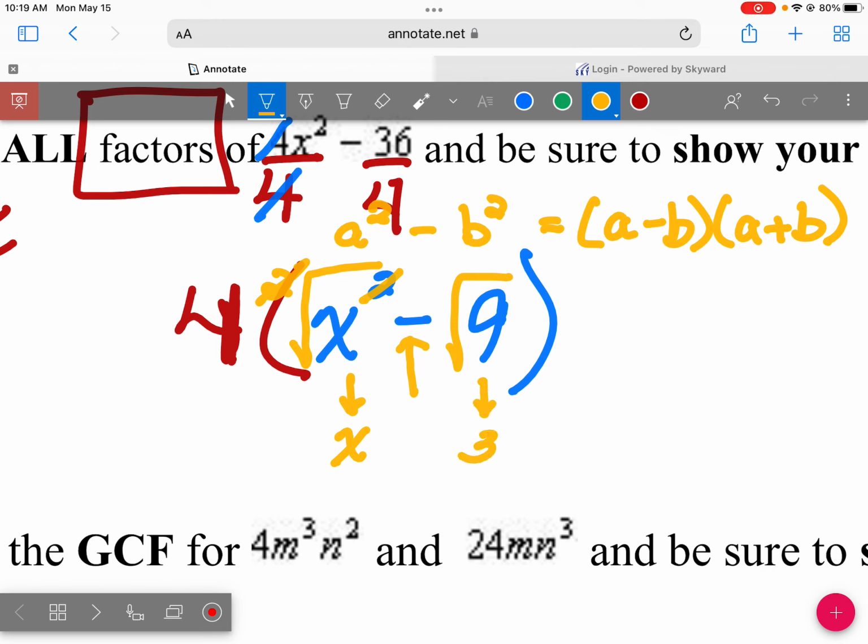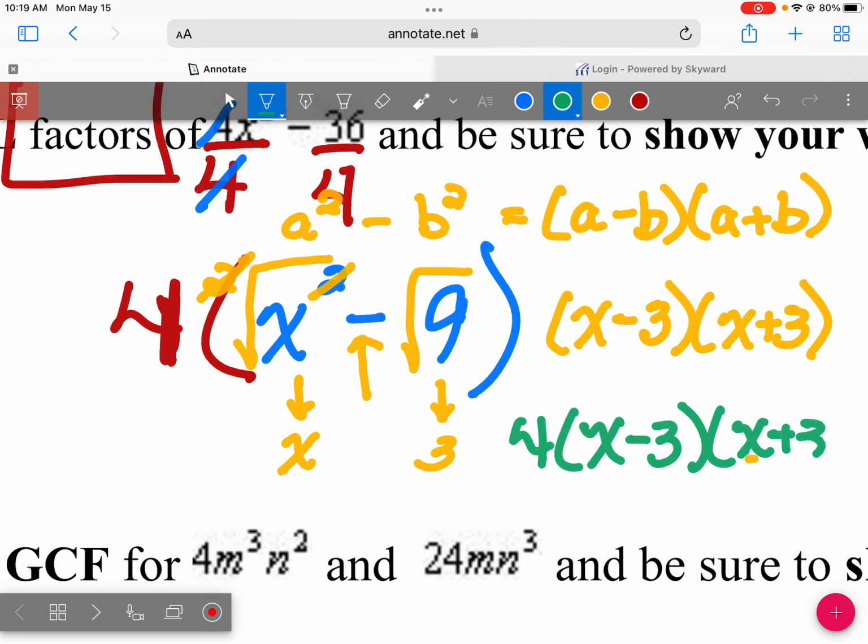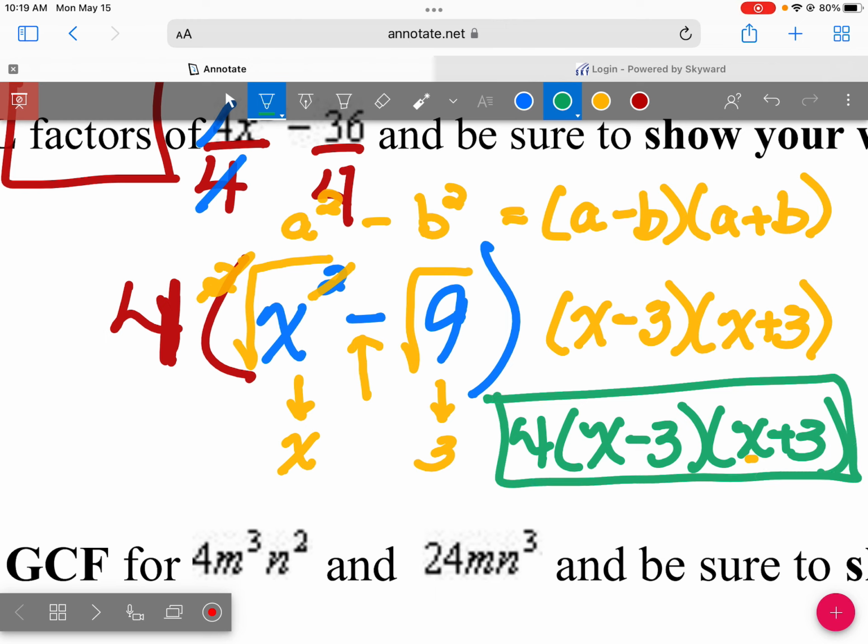So this becomes x minus 3 times x plus 3. And then putting it all together with my 4 out front, it's 4 times x minus 3 times x plus 3. That is how you would factor for all of that.